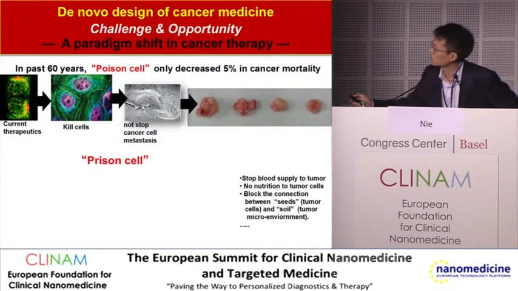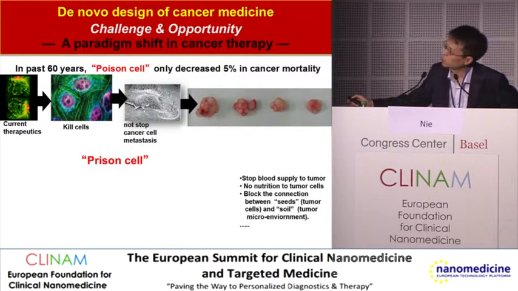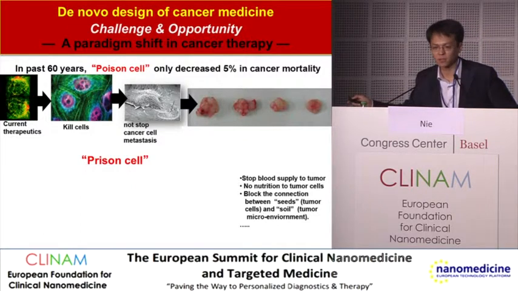And so this is my last slide. I just want to convince you that during the past 10 years, our study showed that, compared to the traditional way to cure cancer, we can have a de novo design strategy for nanomedicine. Nanomedicine is not similar to our previously well-known molecular medicine.